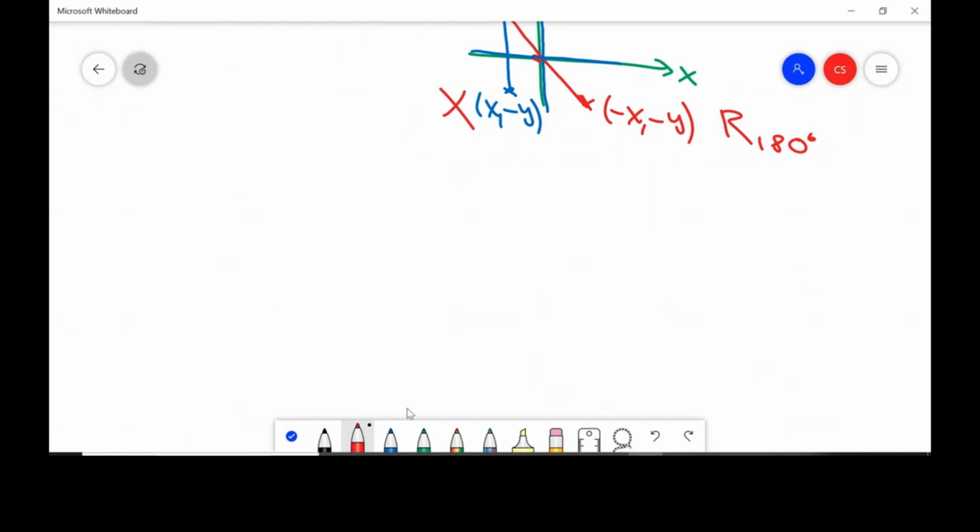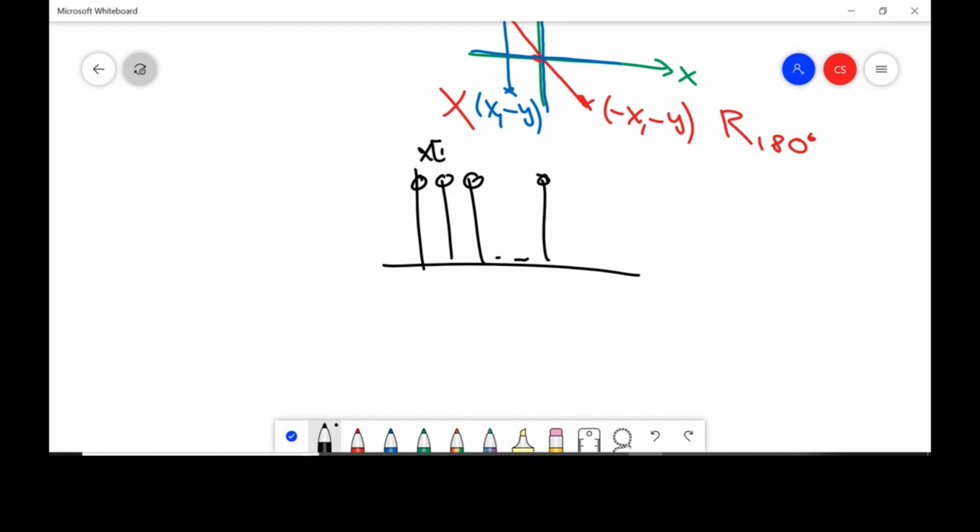Okay, so let's say that I have a signal. So this is my x of n, and this is n. Let's put some numbers here.